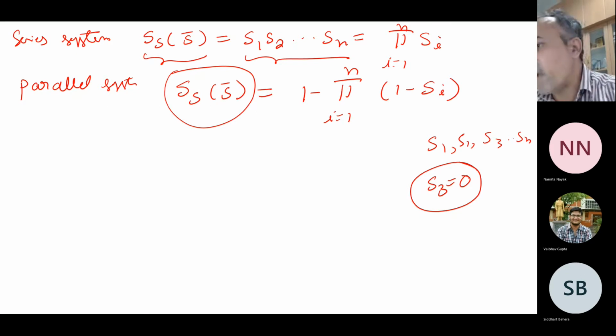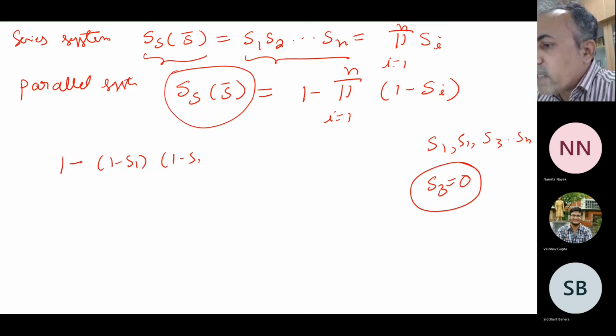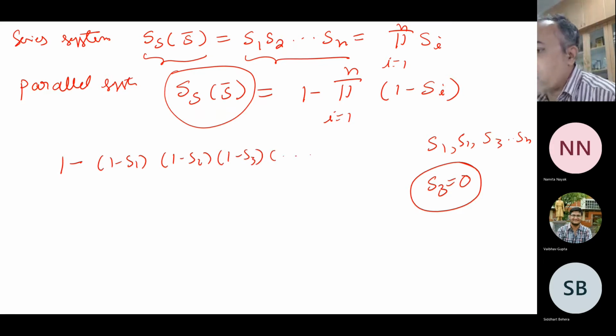Now when the system is in parallel, if one individual element is 0, what happens? So in this multiplication we have 1 minus S1, 1 minus S2, 1 minus S3, like this. Now one element collapses, let us say S3 has collapsed.